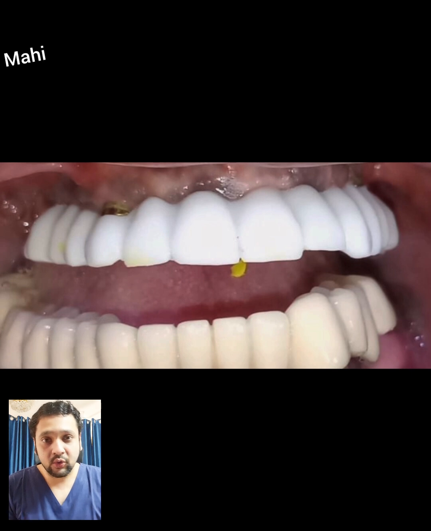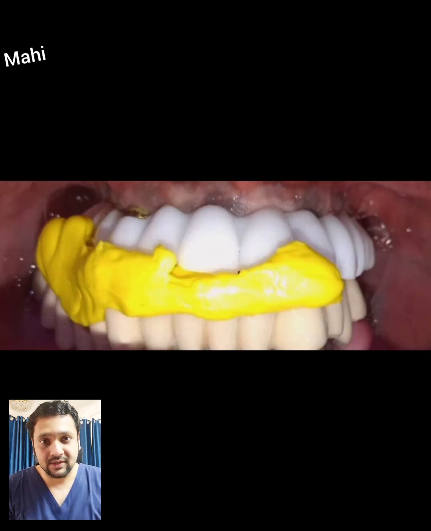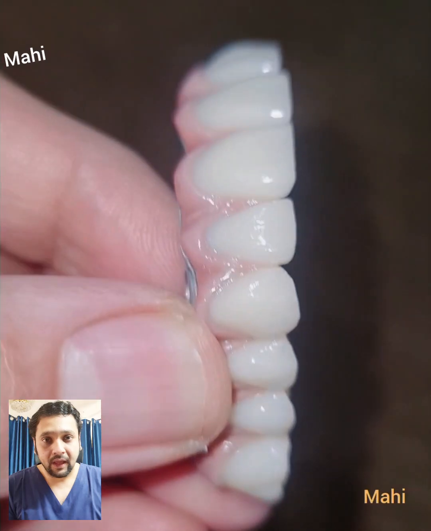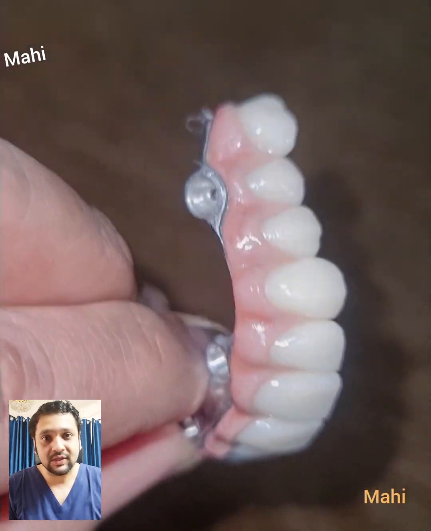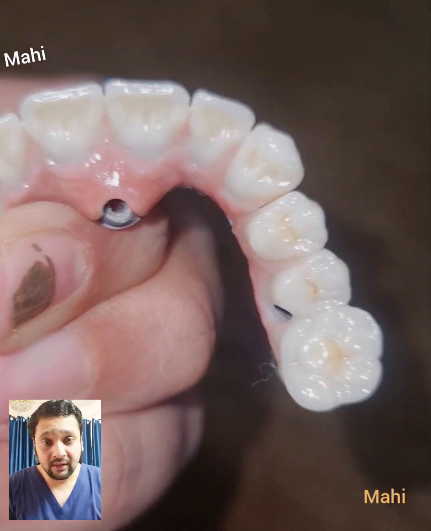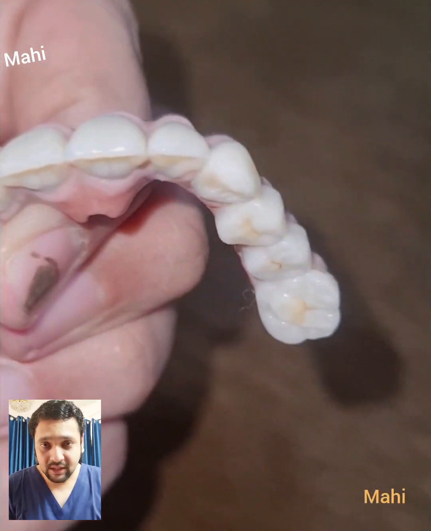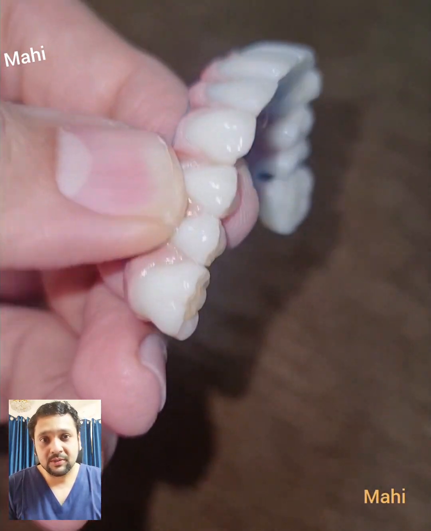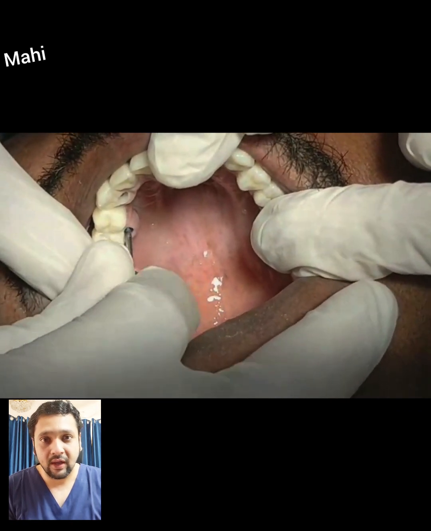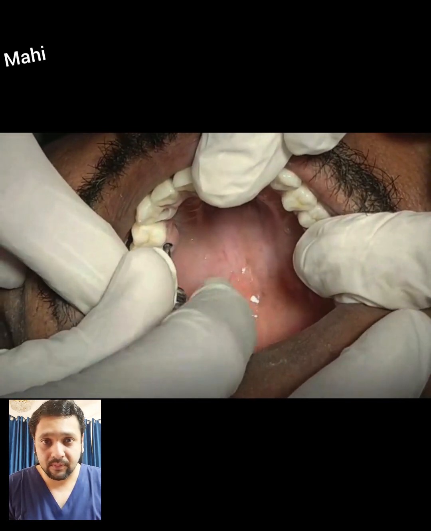And in case you don't have bone behind the sinus, then you can always use the all on 4, all on 5 or all on 6 tilted concepts, and make sure that the AP spread is till the second premolar or the first molar. If you're getting the first molar AP spread, it's the best. If you're getting the second premolar AP spread also, it's okay because it's a fixed restoration and I can afford to have 1 molar as a cantilever.